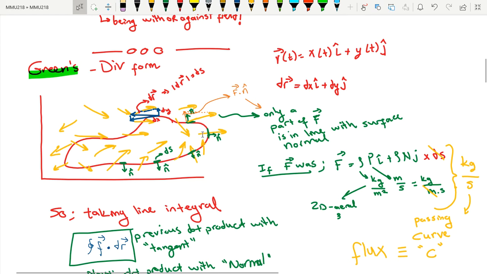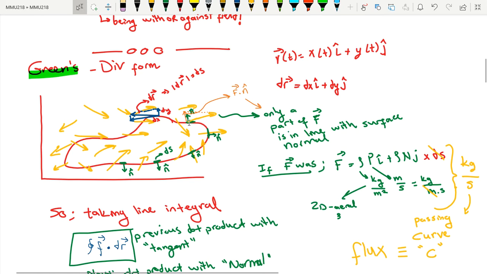The x component of, let's say, my vector field that is in orange here, is just about giving my velocity around the curve, whether I'm with that x component or not. Now I'm talking about the x component of the vector field, not the velocity. In the curl form I was discussing whether I'm aligned with this x component of my vector field or not.